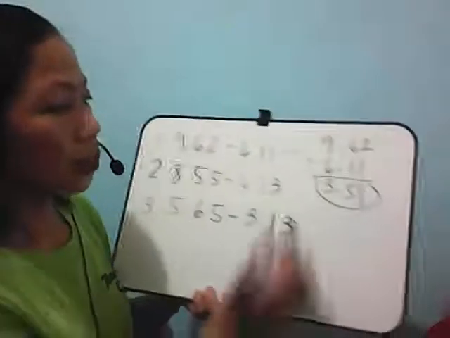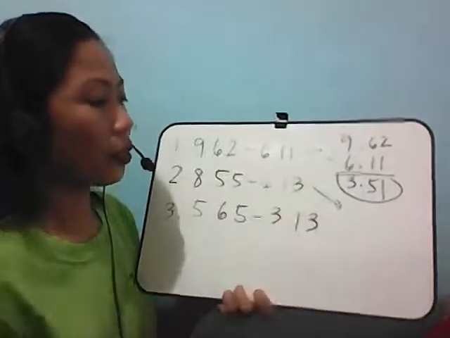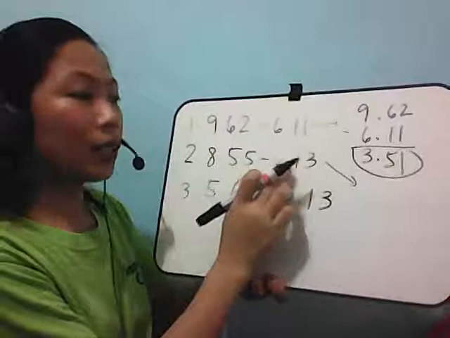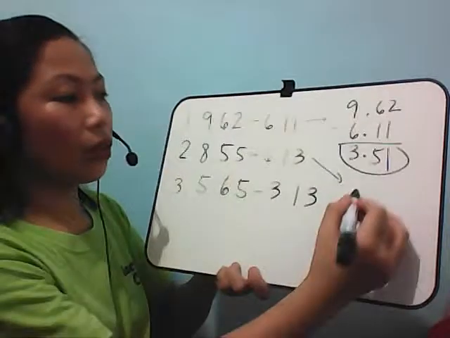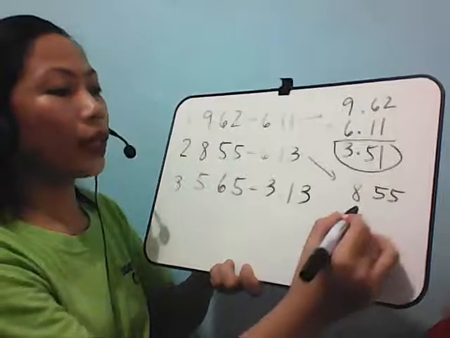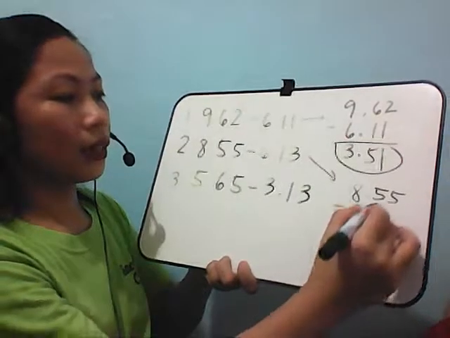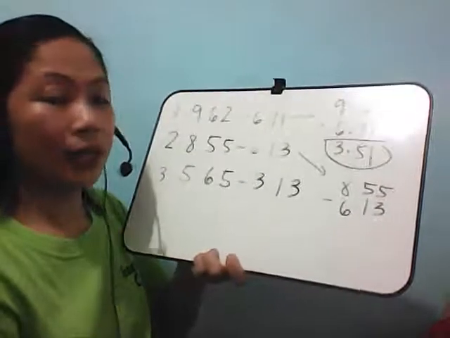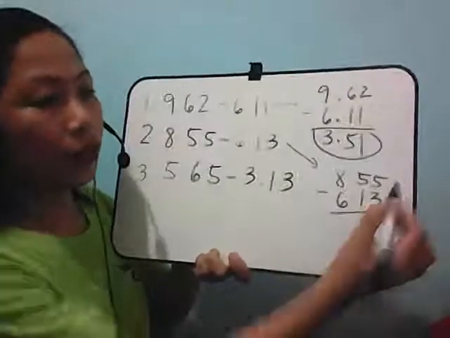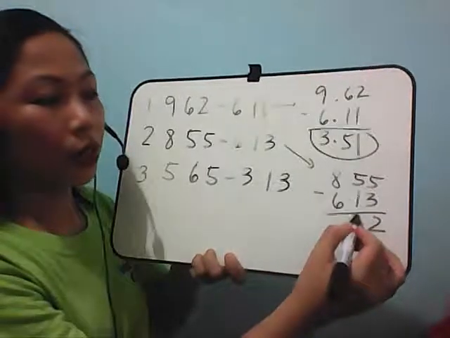So, let's move to number 2. Our number 2 here is 8 and 55 hundredths minus 6 and 13 hundredths. So let us solve that one. Now let us subtract. 5 minus 3 is equals to 2. 5 minus 1 is equals to 4.